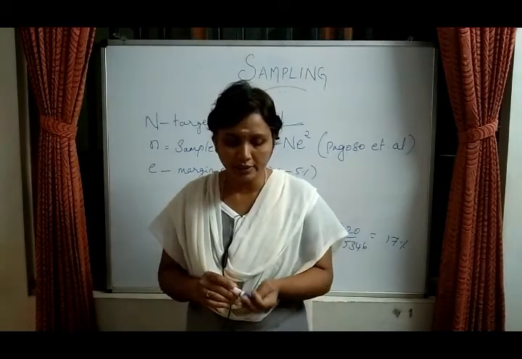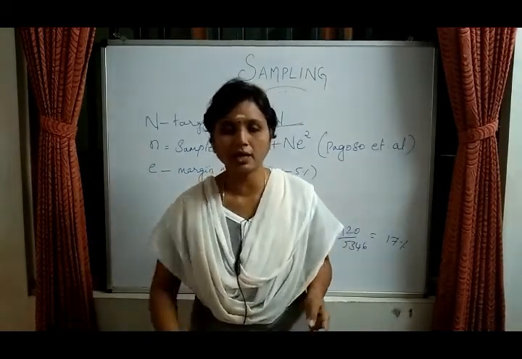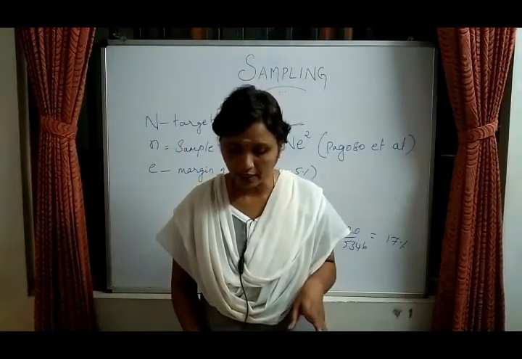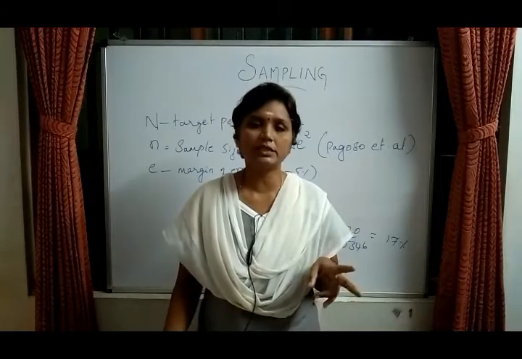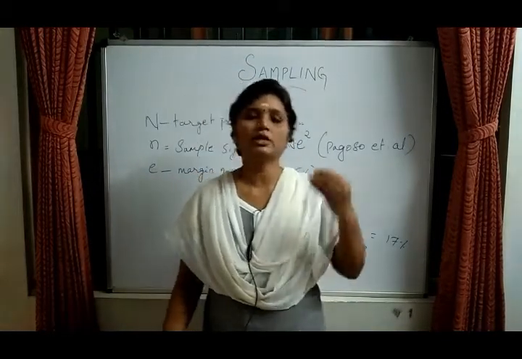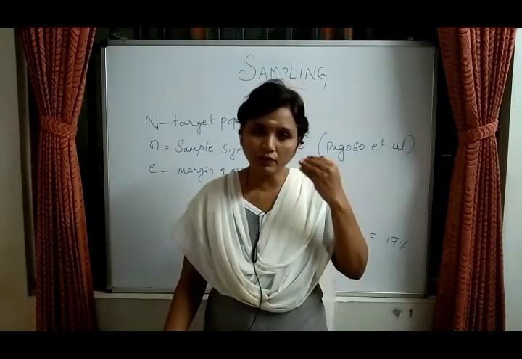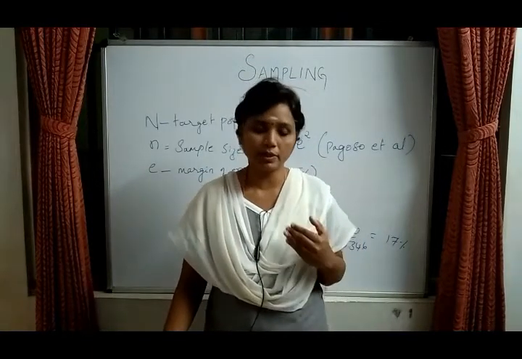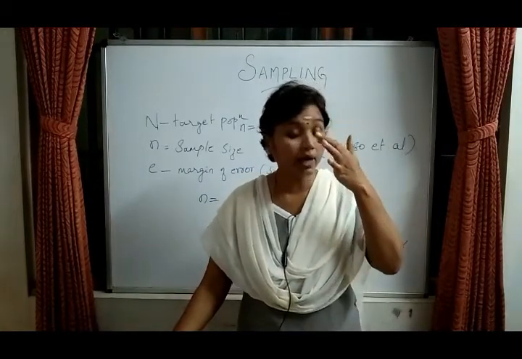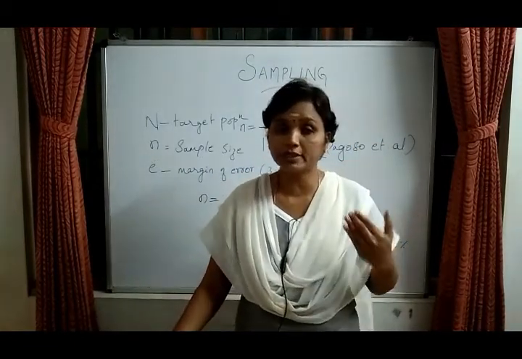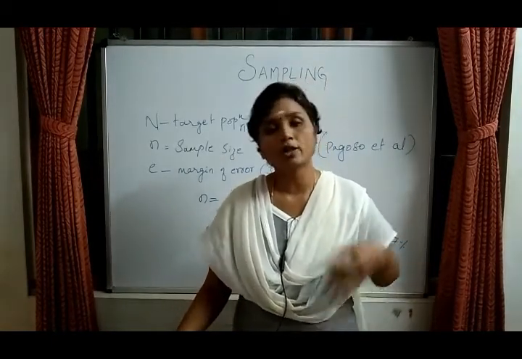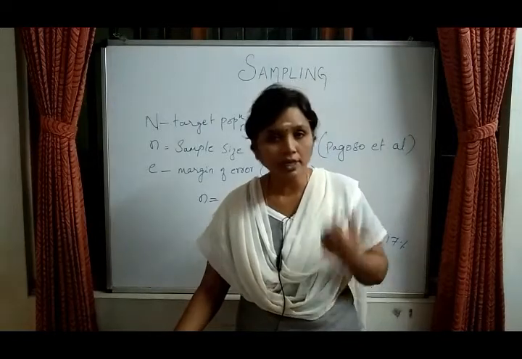Okay, now we will see the classification. Mainly we have seen the types of sampling technique in the non-probability sampling and the probability sampling. Under this non-probability and probability sampling, there are different classifications. So in the non-probability sampling technique, it is according to the researcher's interest, convenience, or need.